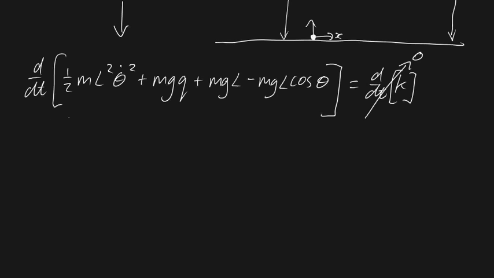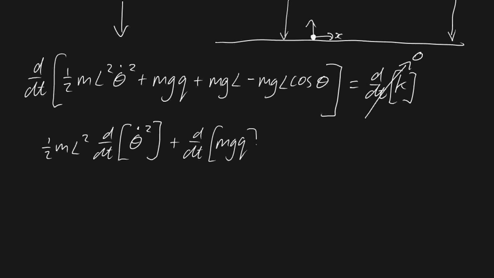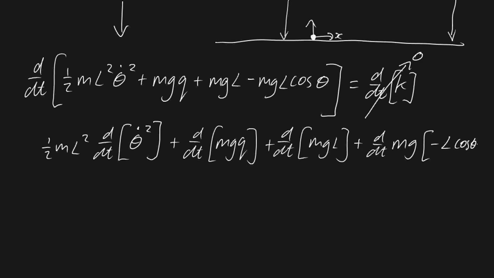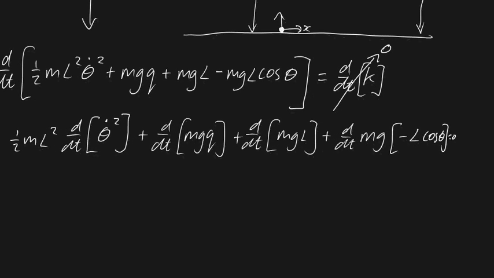The derivative has the distributive property, so we can just write that as a half ml squared times d/dt of theta dot squared, plus d/dt of mgq plus d/dt of mgL plus d/dt of mg times minus L cosine theta, and that's going to be equal to 0.